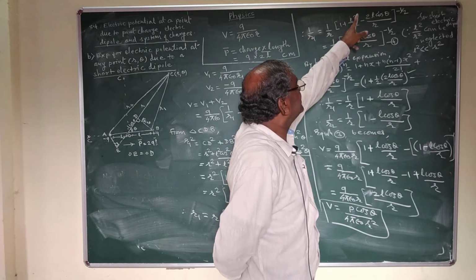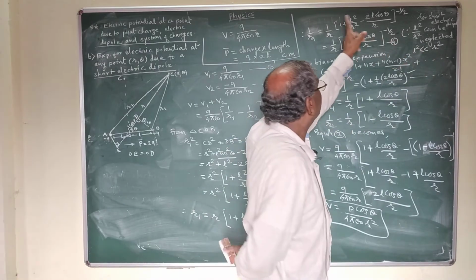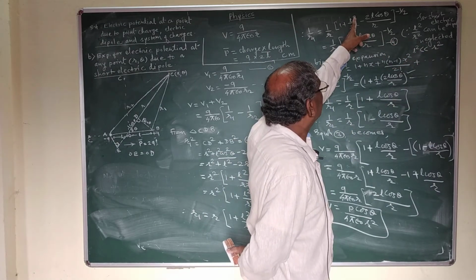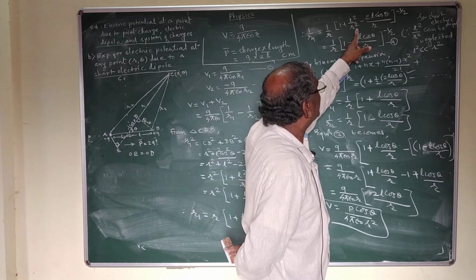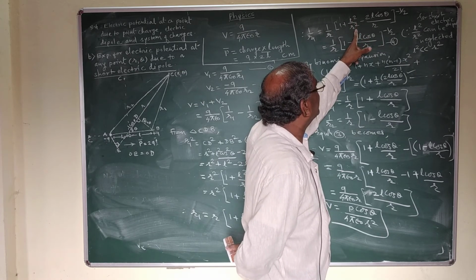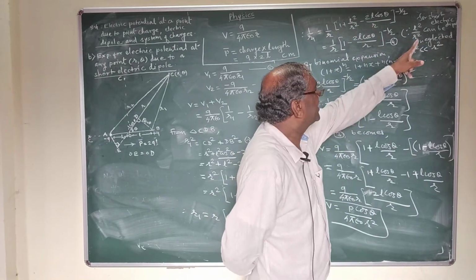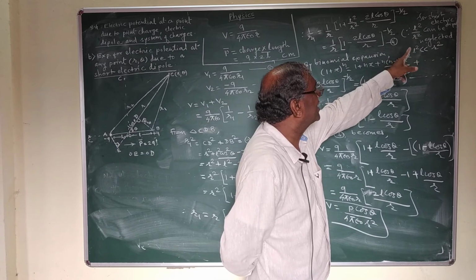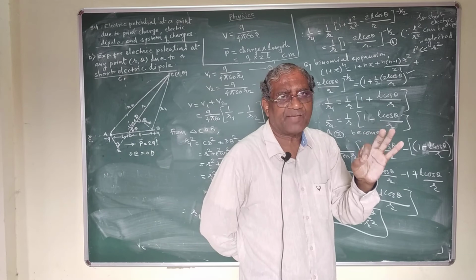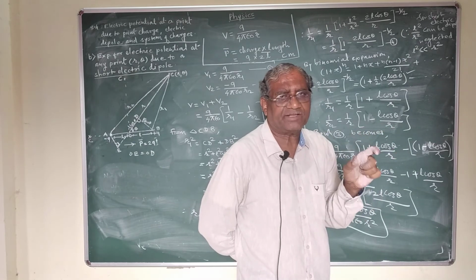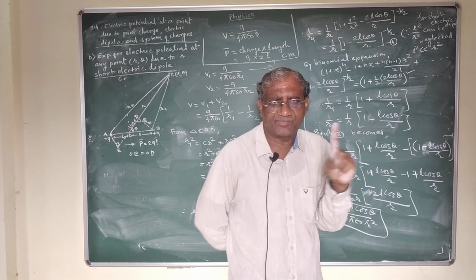But this L square upon R square term is neglected because L square is very small as compared to R square. So that L square upon R square, this term is negligible, hence we can neglect this term. L square upon R square can be neglected for a short electric dipole. If the dipole is very short, then this term is negligible.